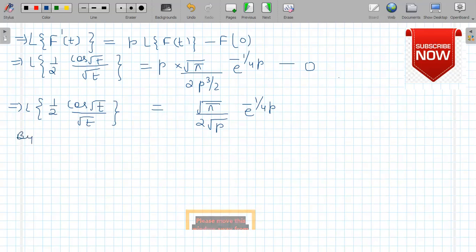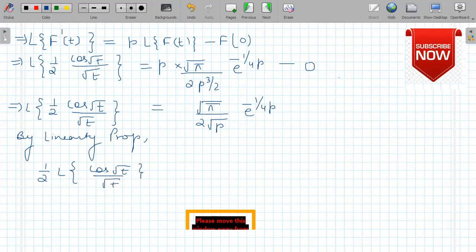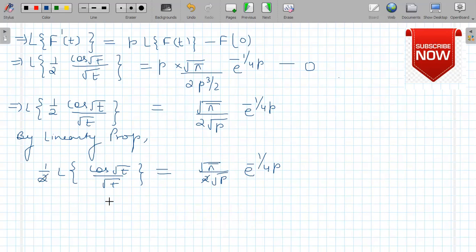So by linearity property, we can separate this 1 upon 2 from Laplace transform. Just simplify it. This 2 will cancel with this 2 and hence the result. यही हमें प्रूफ करना था.